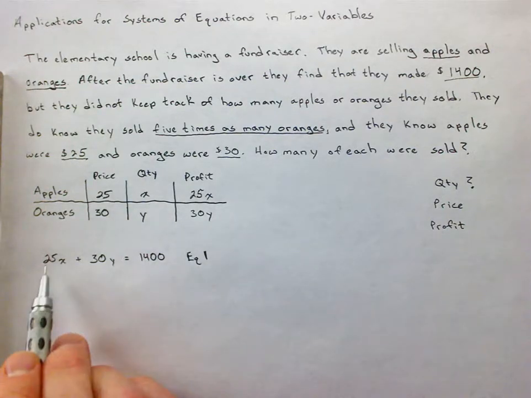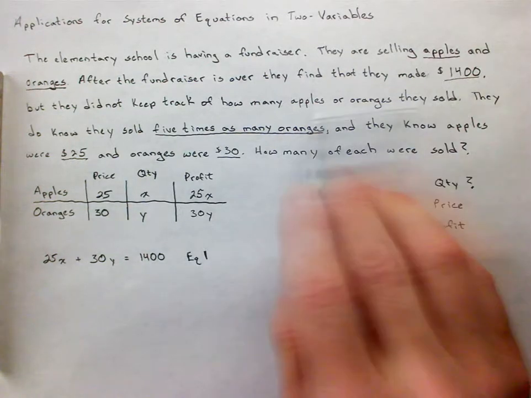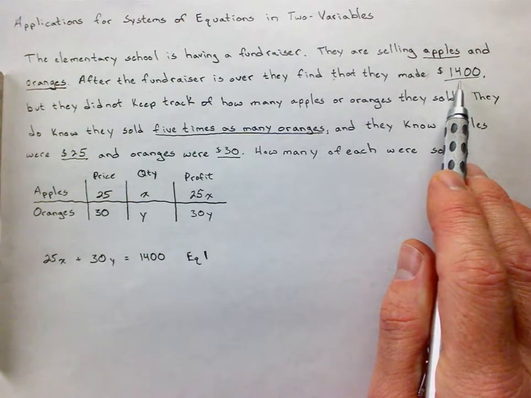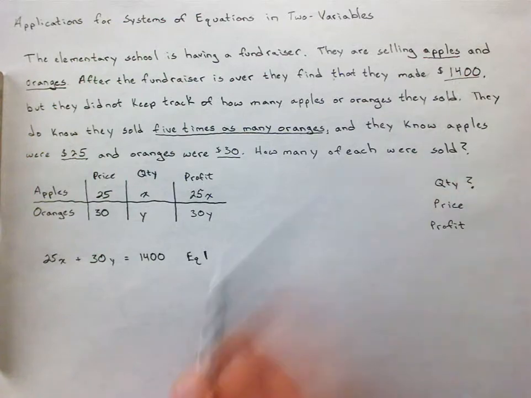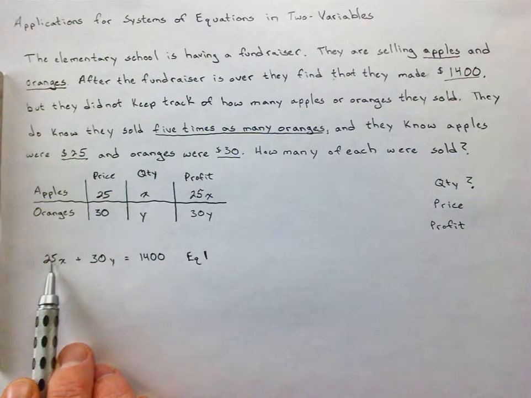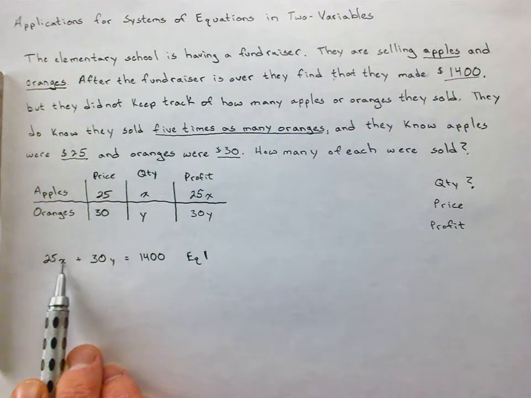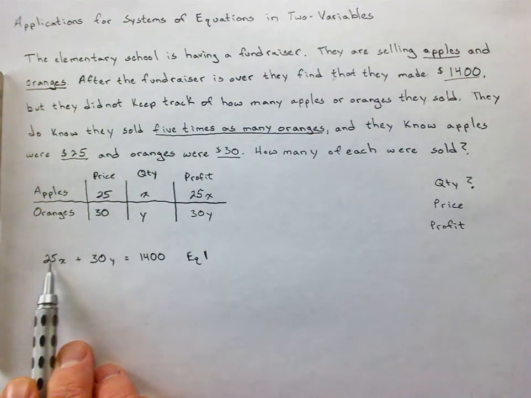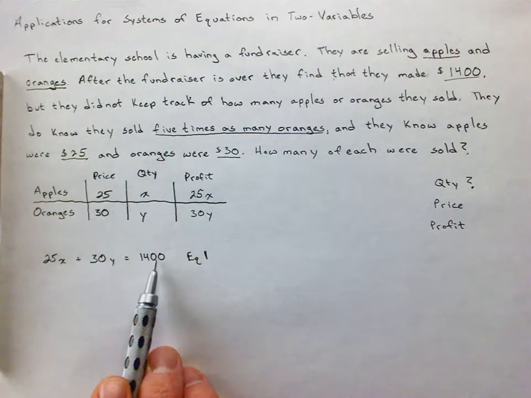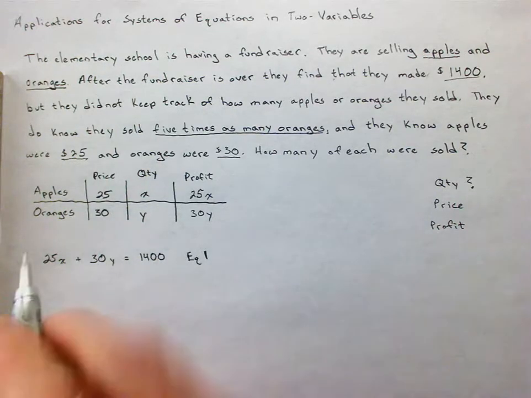So think about this. I know that my final sum for profit at the end of the fundraiser was $1,400. So I can say, well, that is simply how many bags of apples I sold times 25 plus how many bags of oranges I sold times 30. That'll give me 1,400. So that's my first equation.